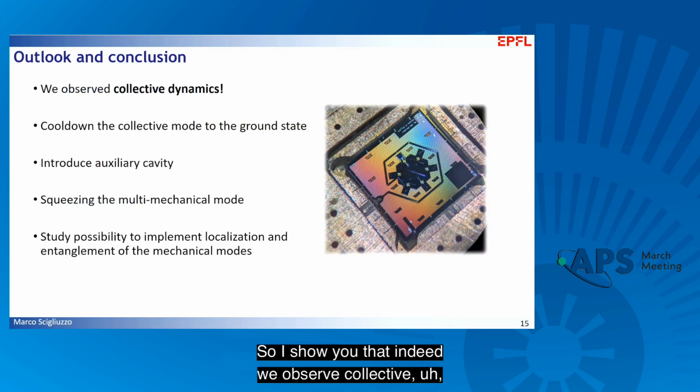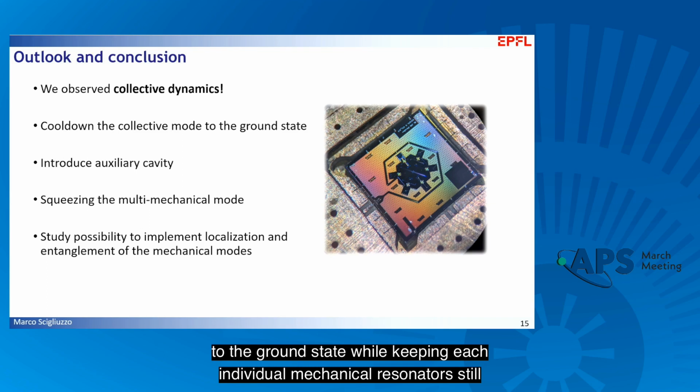So I show you that indeed we observe collective dynamics, and as a very straightforward experiment, we want to show that we can cool down this collective mode to the ground state while keeping each individual mechanical resonator still warm.